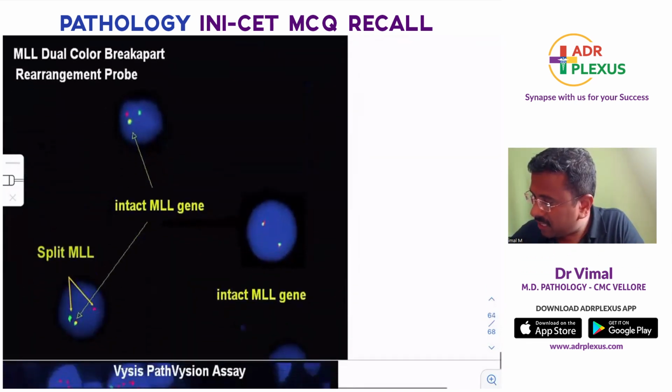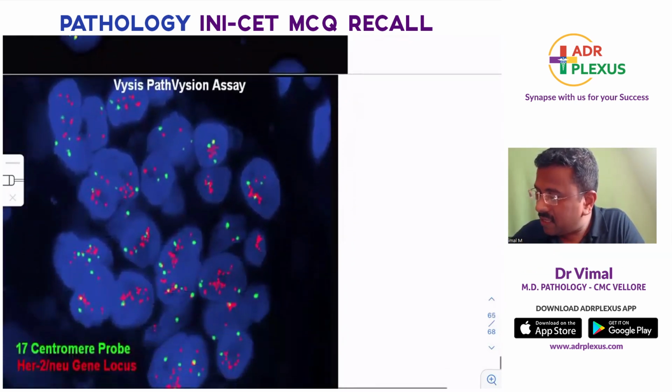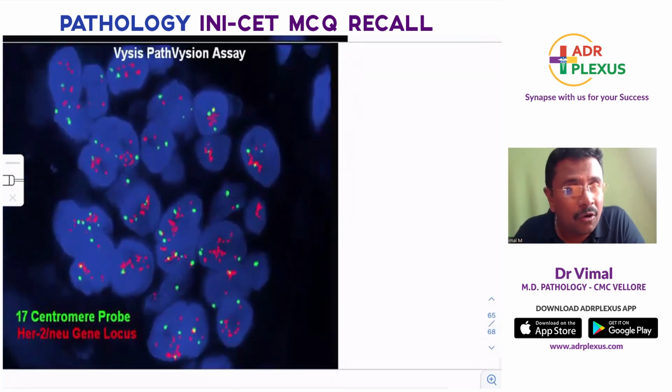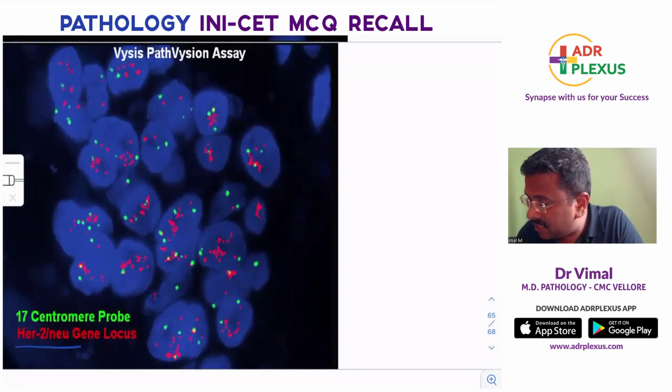And also for overexpression, like N-MYC overexpression in neuroblastoma, or HER2 overexpression in breast carcinoma, you can detect it. In this case, the HER2/neu gene is labeled with a red probe, and you can see in the tumor cells how much the red signals are increased, telling that the HER2 gene is overexpressed.